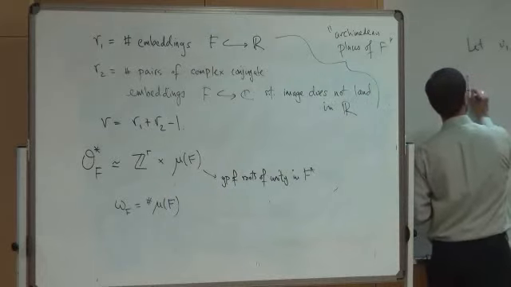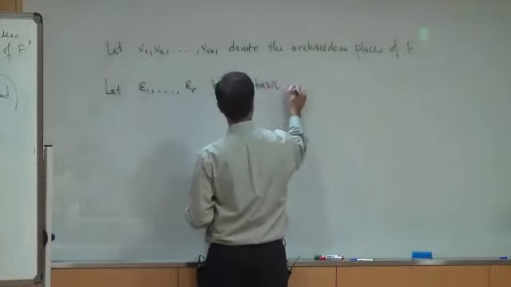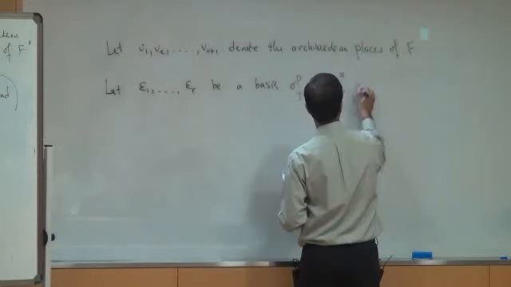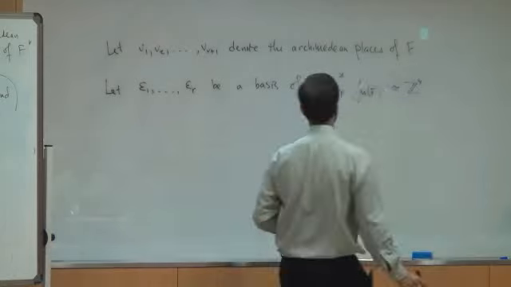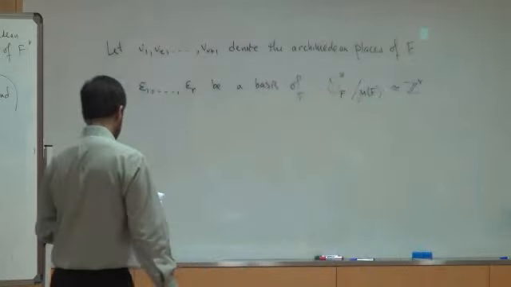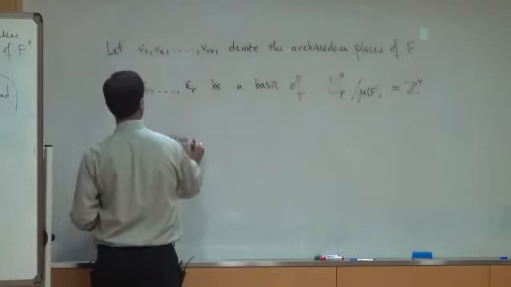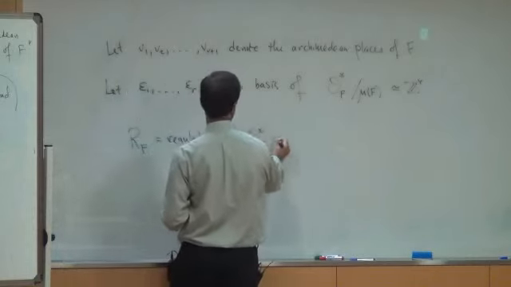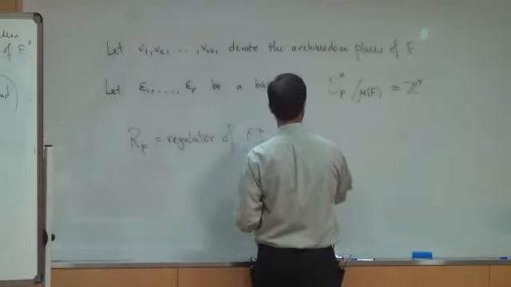All right, so next we let epsilon_1 through epsilon_r be a basis of this group O_F star modulo this finite group of roots of unity, which is just isomorphic to Z to the r. So it has a basis consisting of r elements. And now R_F, the definition of R_F, which is called the regulator of O_F, of F, or of O_F star if you want, is the absolute value of the determinant of a matrix.